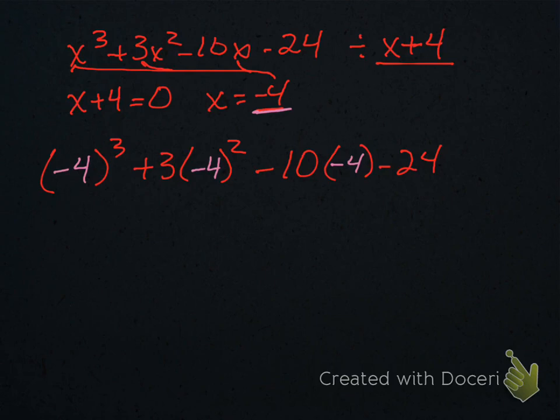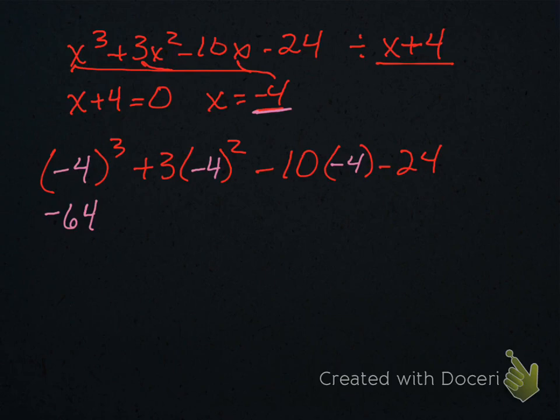All right. Negative 4 cubed. So negative 4 times negative 4 is positive 16. Times negative 4 gives me negative 64. Okay? All right. Next term. 3 times negative 4 squared. Negative 4 squared is positive 16.